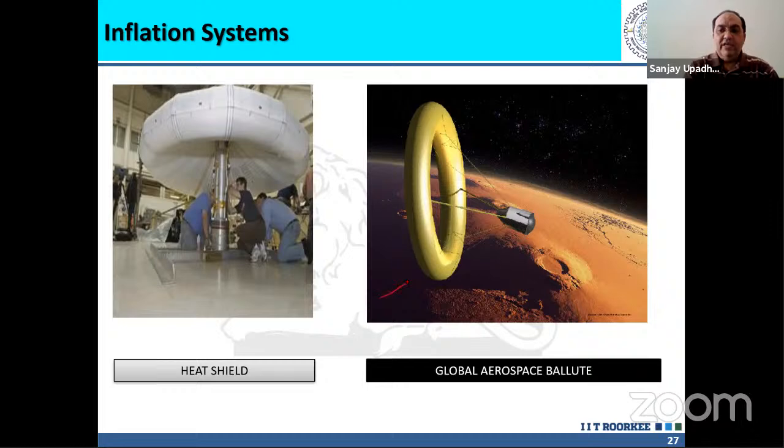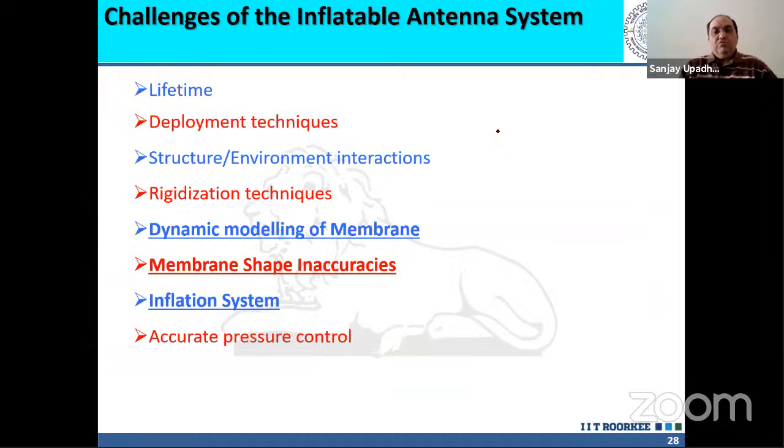This is the global aerospace one available. This is the ring inflated, this canister, strut. So now, when we are talking about inflatable structures, we cannot easily implement it. There are lots of challenges in these inflatable structures also.